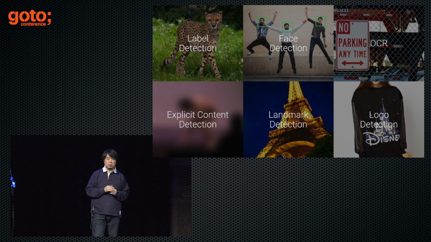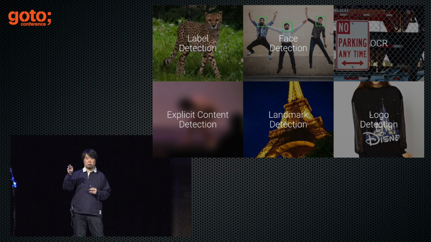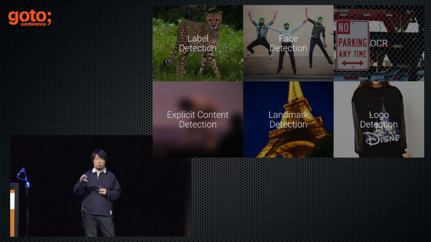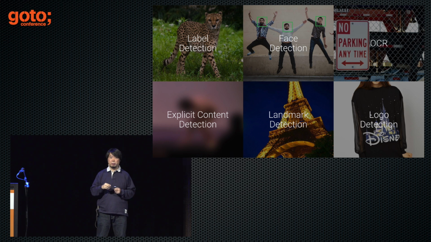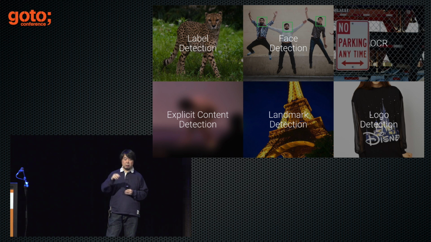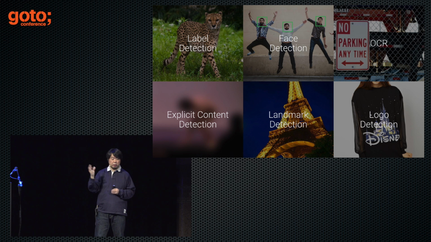Label detection means that you can put any labels or categories on any images you upload. For example, if you upload cat images, then the API will return labels such as cat or pet. Face detection can detect the location of faces in an image. OCR can convert the text on the image to a string.